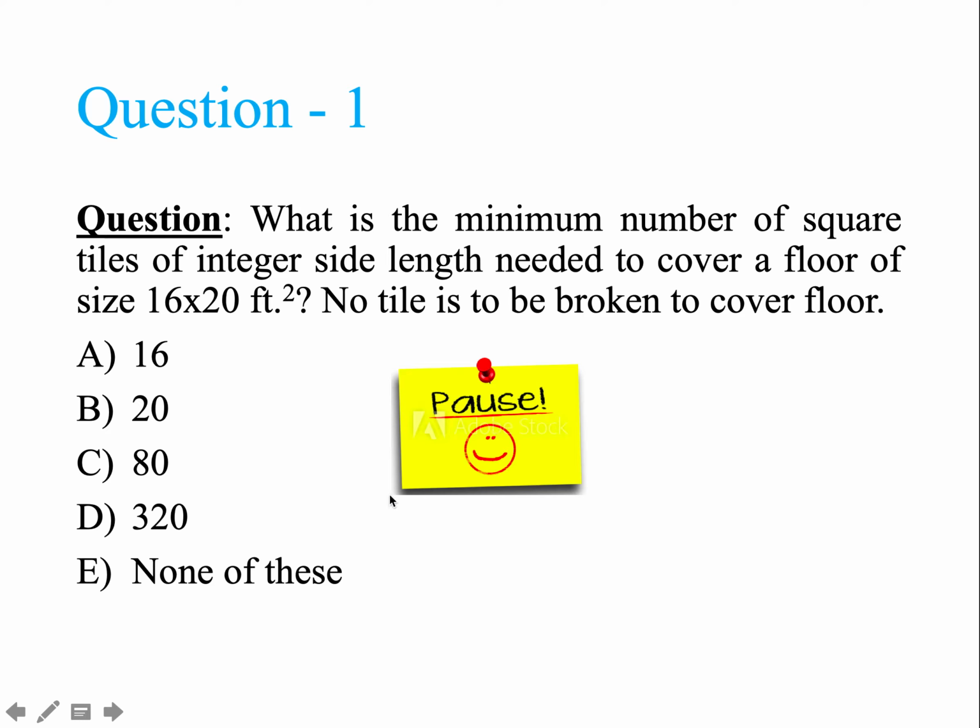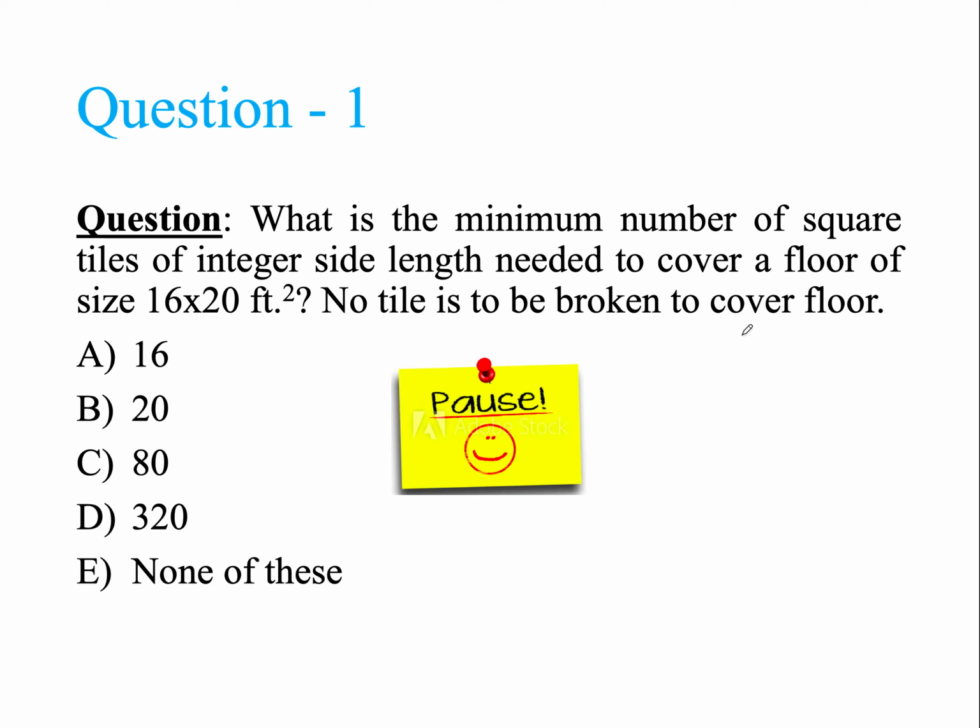Here we have one of the questions, and if you are watching this video, then I insist that you pause the video, answer this question yourself, and then look at the explanation I'm giving you. Okay, if you have given it a try, then here is the explanation. The question is, what is the minimum number of square tiles of integer side length needed to cover the floor of 16 by 20 square feet?